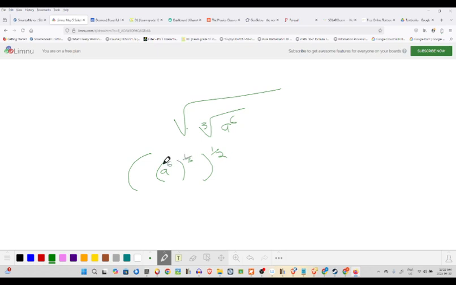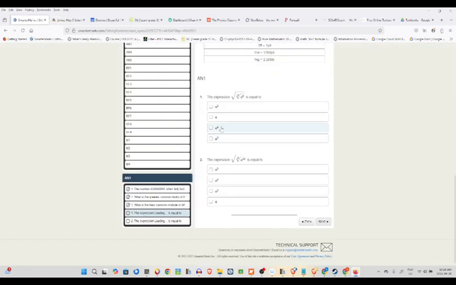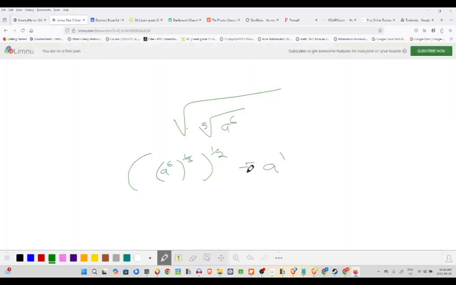And now we have a number with a fractional exponent raised to a fraction, raised to a fraction. When we have a number raised to 3 exponents, we multiply them all together. That's a to the 1, which is option B.